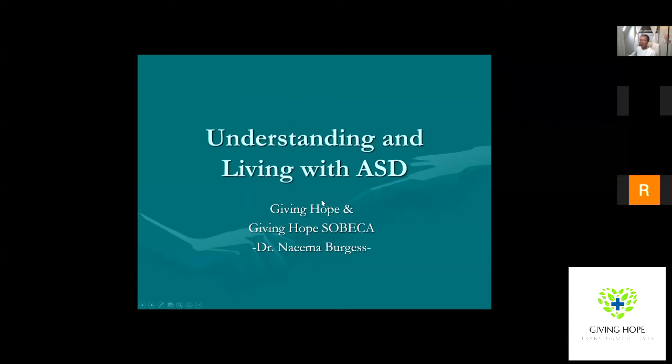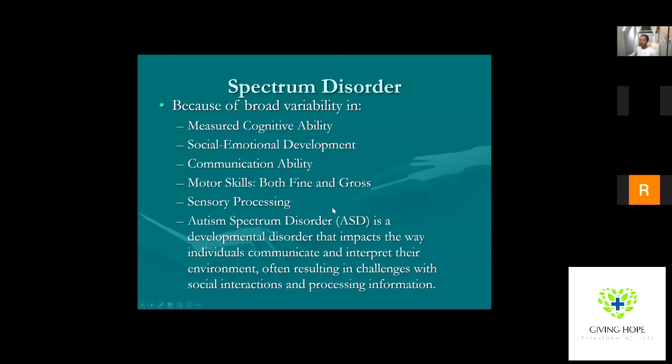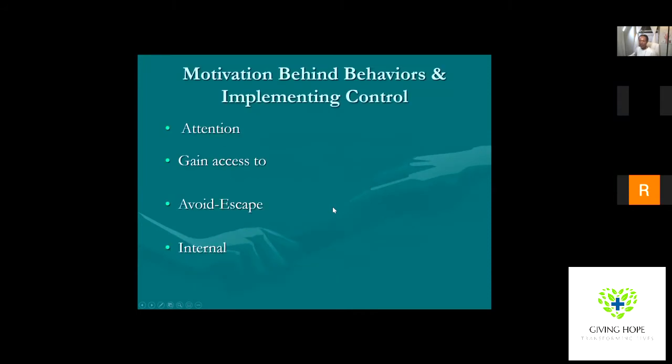All right, so this is Understanding Autism. And what I do want everybody to understand is that autism is definitely a spectrum. I don't know if you have family members or a child on the spectrum, but it's definitely a disorder that is really misunderstood. It's a communication disability and social disability.